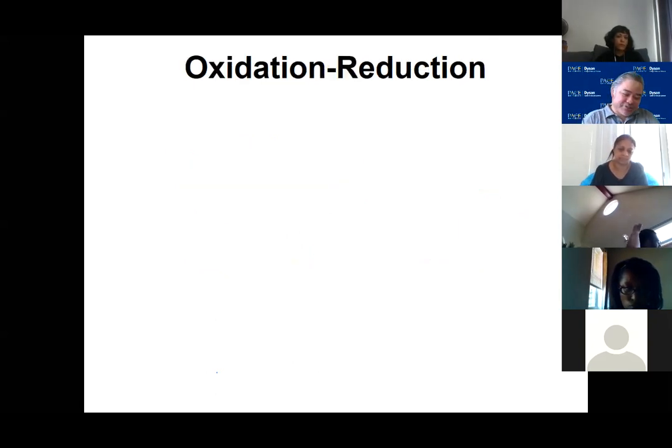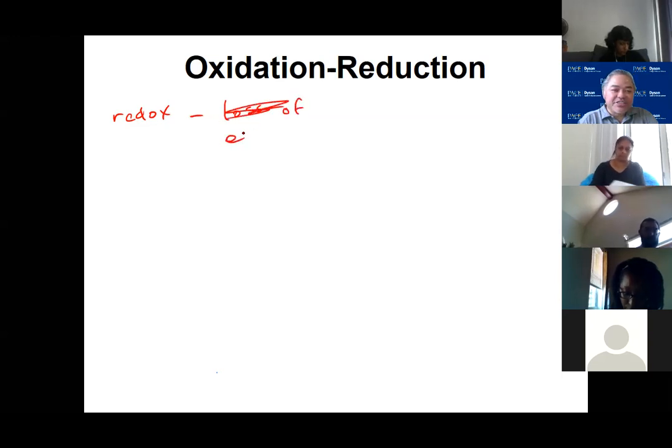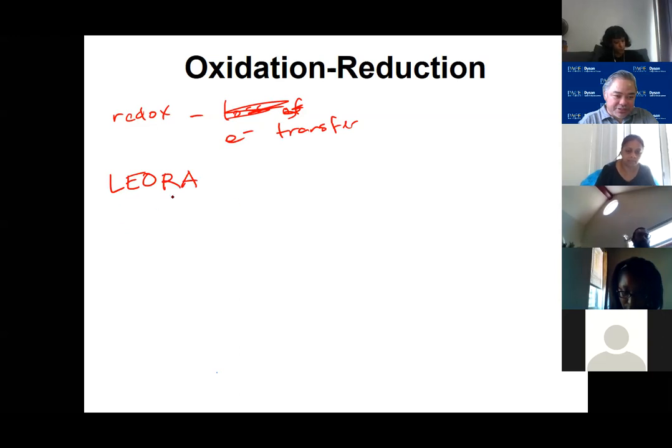Now redox. So it's just what? Loss of electron, or we could say electron transfer. That's the simplest way that you can describe a redox reaction. And I usually ask my students to know this: LEO the lion says GER. So what is LEO? Loss of electron.